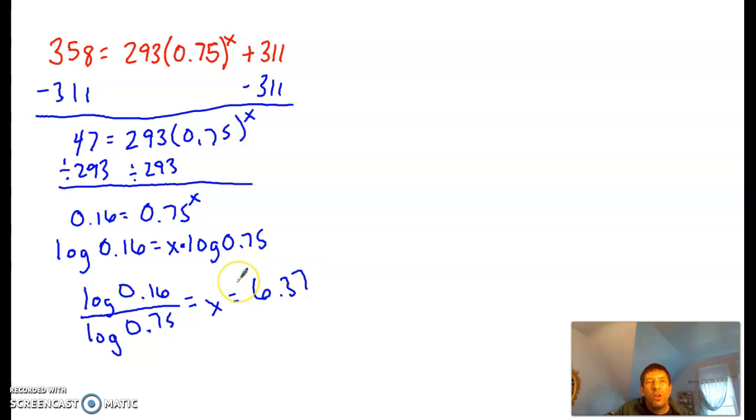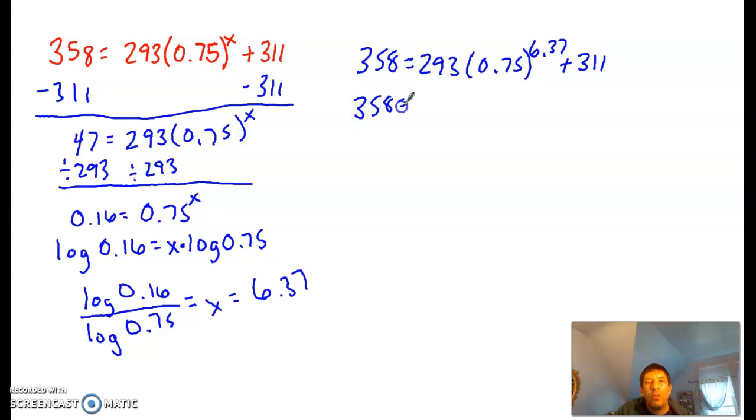Okay. And just to show you as a check, let's plug that back in. 358 equals 293 times 0.75 to the 6.37 plus 311. And I'll just do this step by step here. So 0.75 to the 6.37. Now I'm going to round all of this intentionally just to show you that it won't come out to be exactly the same, but you should see that it comes out to be pretty close.